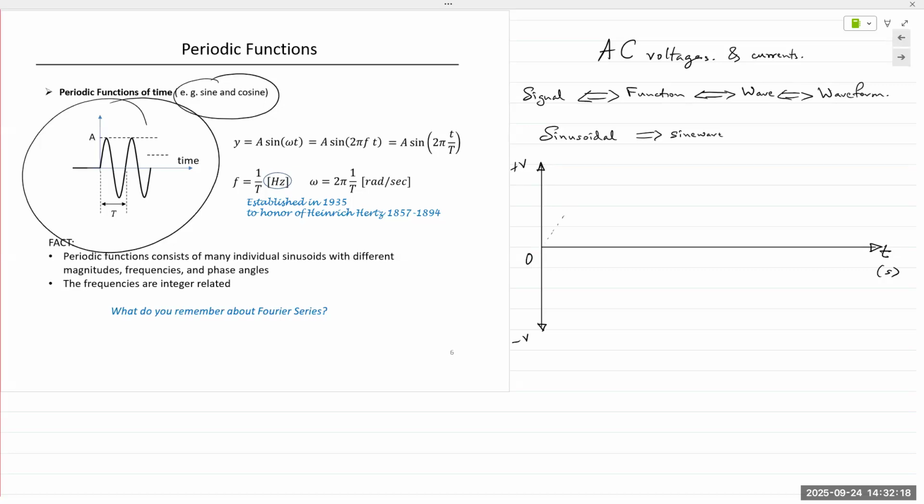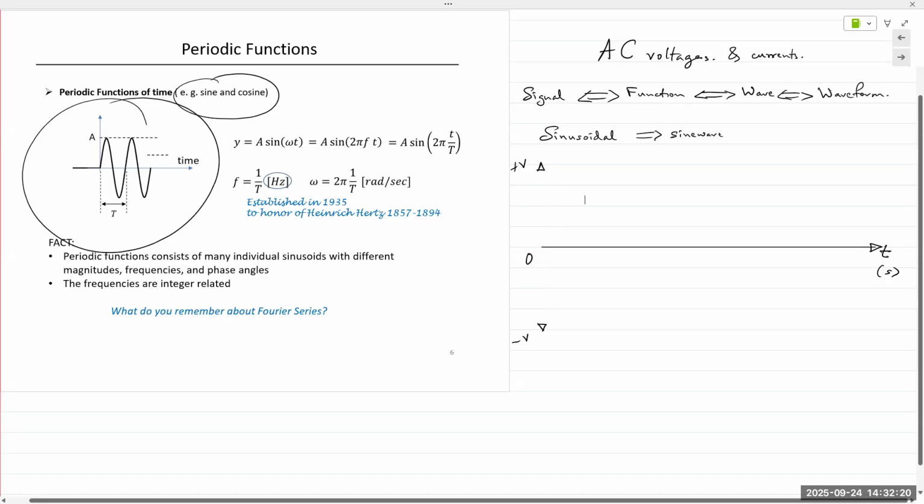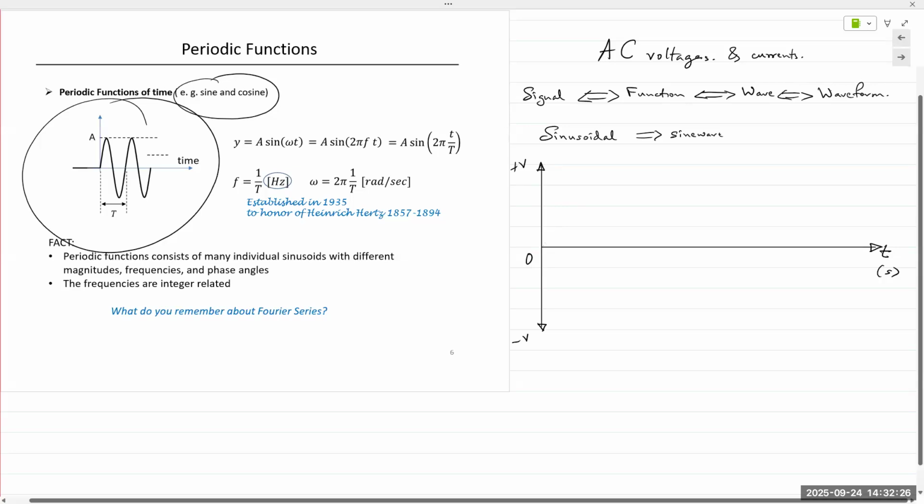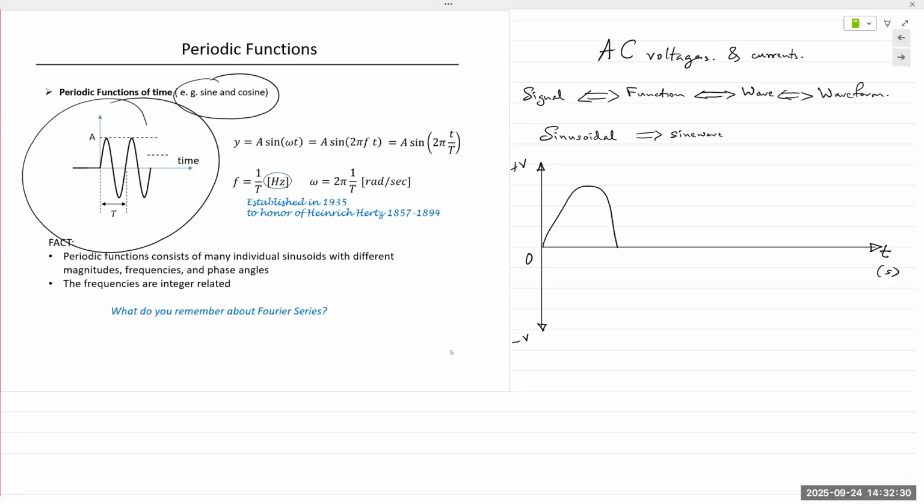And so it's going to go to a positive peak, come back to 0. It's going to go to a negative peak and come back to 0. From this point on, it's going to start repeating itself.